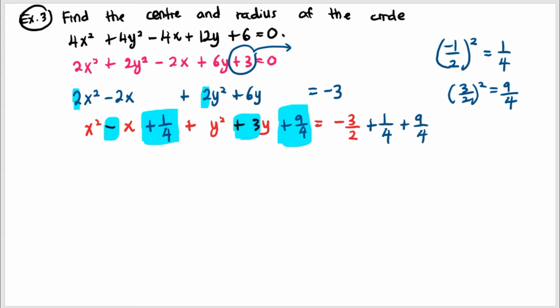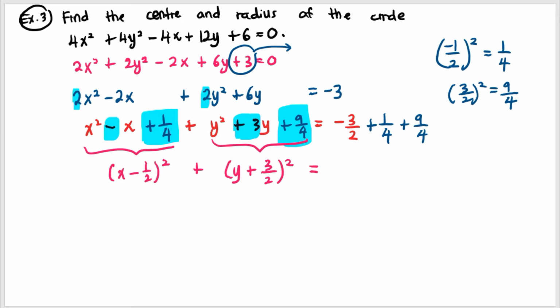Now you want to factorize this one. So this is actually (x minus half) squared plus (y plus 3 over 2) squared. This is the factorization for this quadratic expression.